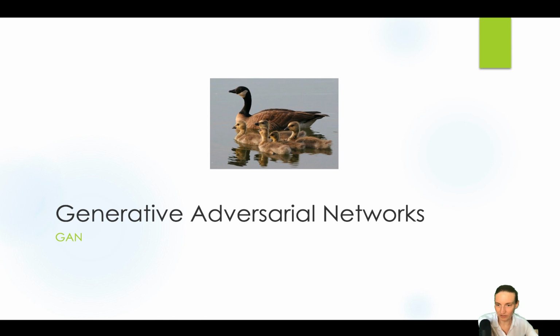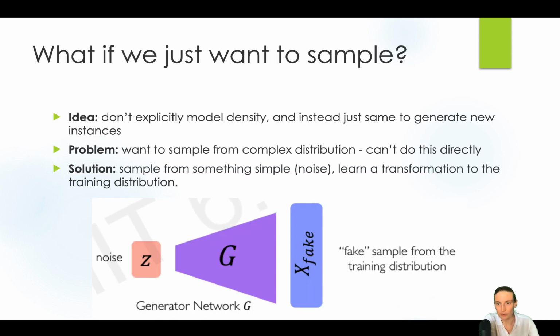So another type of generative model, GANs, not the Dutch word for goose, but GANs for generative adversarial networks, are a very popular type of generative neural network. Let's have a look at how they work. So in the case of GANs, we actually don't so much want to explicitly model the disentangled properties of our input data.